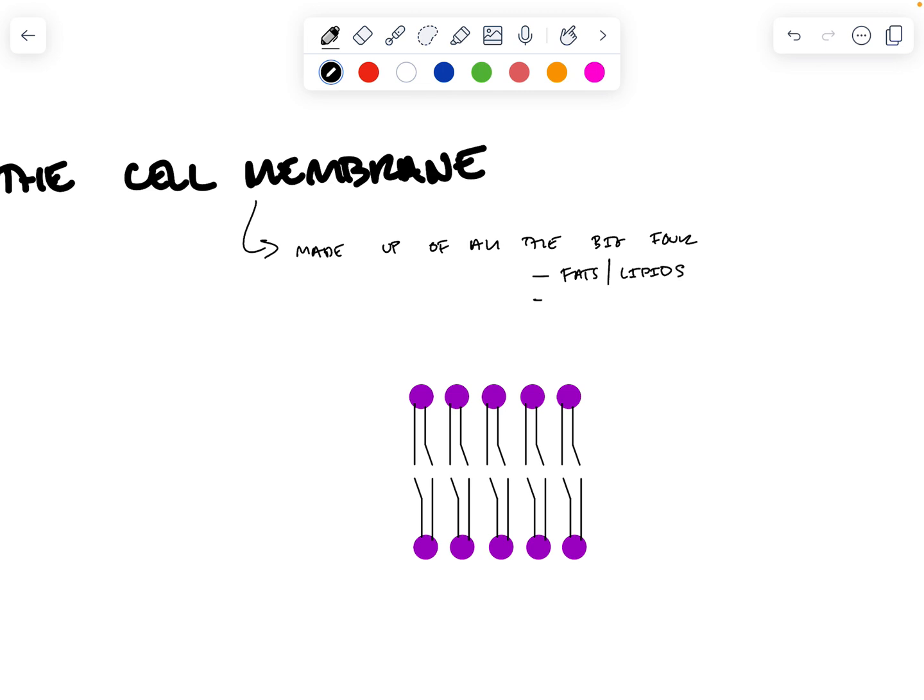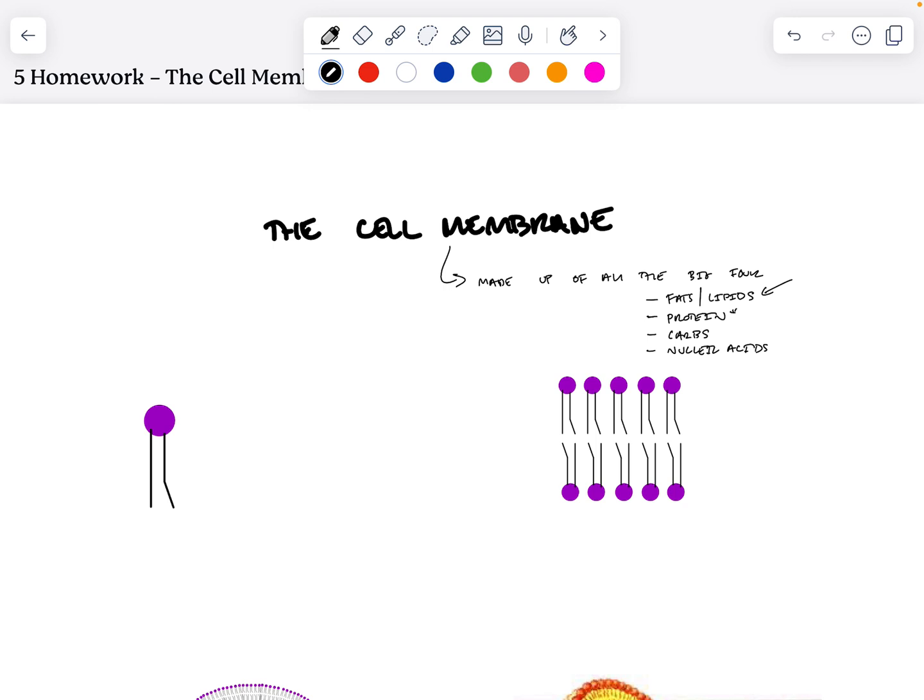But there's also a lot of protein in the cell membrane. There is some carbohydrates. And there are some nucleic acids that play a role in signaling across the cell membrane. But we're primarily going to focus on fats and lipids and a little bit on protein. But fats and lipids is the main one.